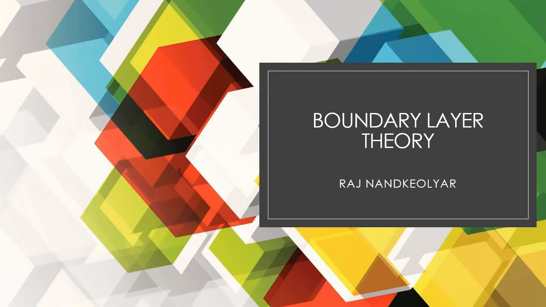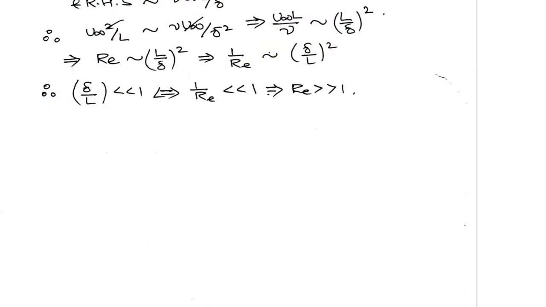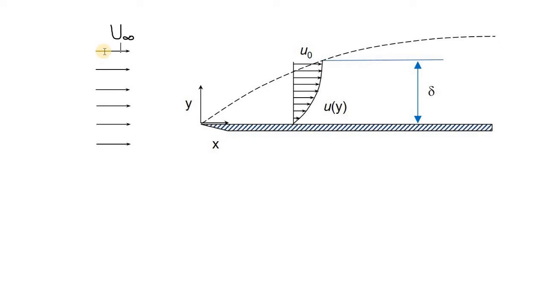Let us consider a free stream which is taking place in the positive x direction. So this is the direction of the free stream. These arrows are showing the direction of the free stream, and the free stream is moving with some velocity u infinity.